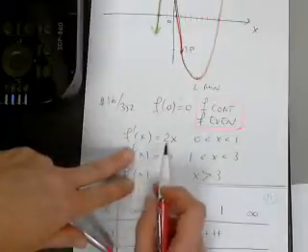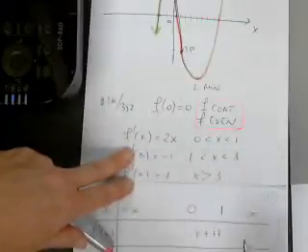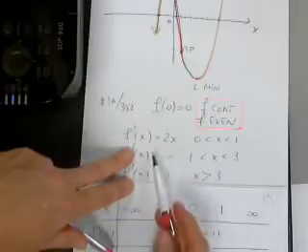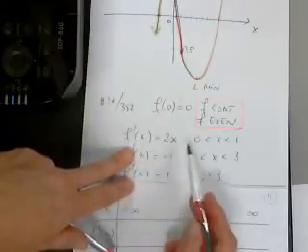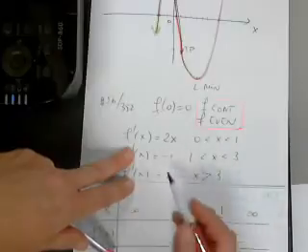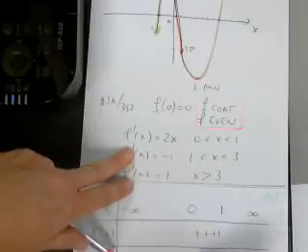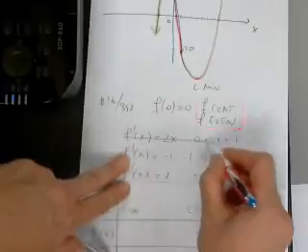Since x is between 0 and 1, the derivative is positive, so the function is increasing.